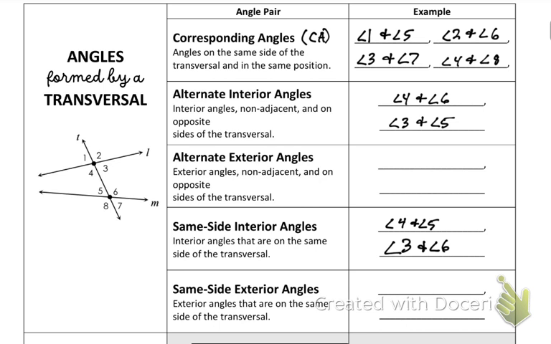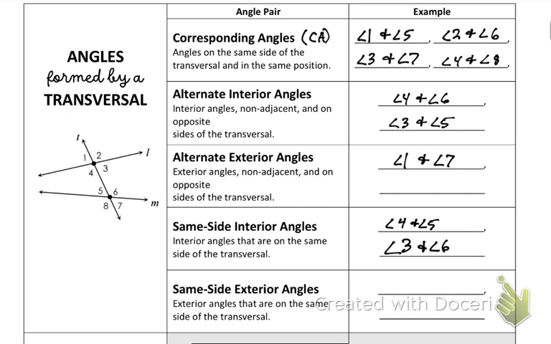If I want an alternate exterior with 1, I'm going to pick 7. The opposite side, but both of them are on the exterior. So that'd be angle 1 and angle 7. Does that make sense?